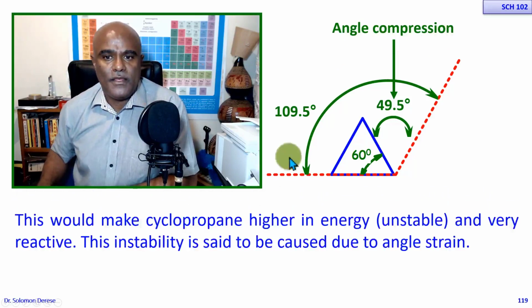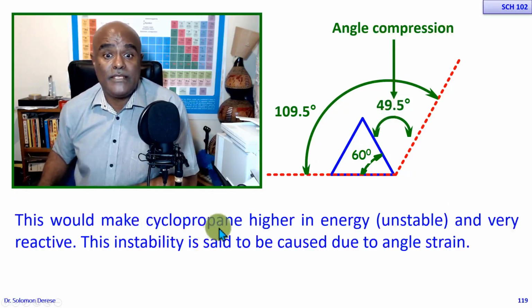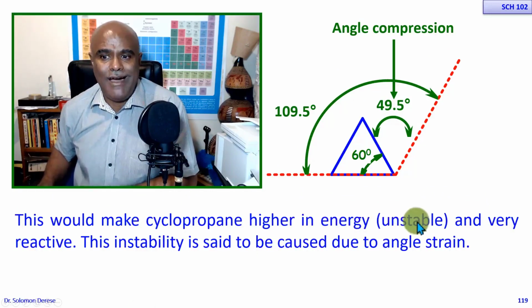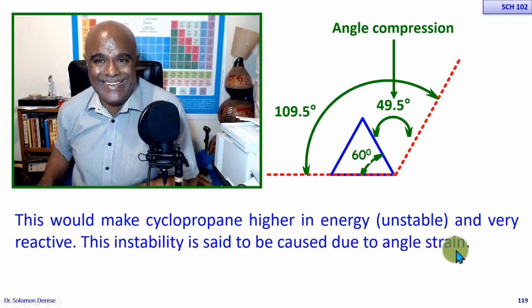So, as a result of this angle compression, cyclopropane has high energy, is unstable, and is very reactive. This instability is said to be caused by angle strain.